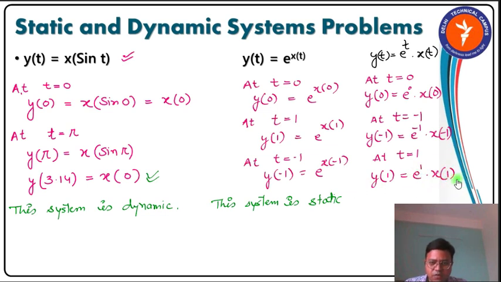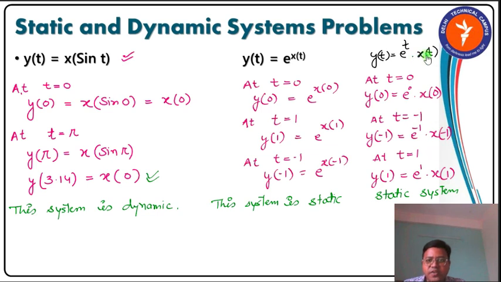Again the present output is dependent on present input. So from all these three equations I can say the system is always depending upon present input. So the system is again static. This is a static system.